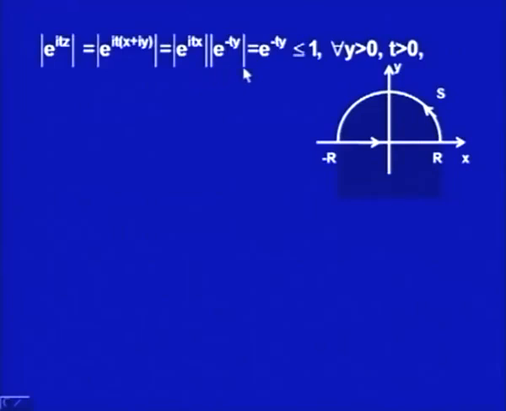So, this would be the absolute value of e^(-ty). E^(-ty) is a real number, so it is the same as e^(-ty). Moreover, we are taking this on the semicircle which is in the upper half plane, that is, y is always positive, and t we have taken to be a positive real number.